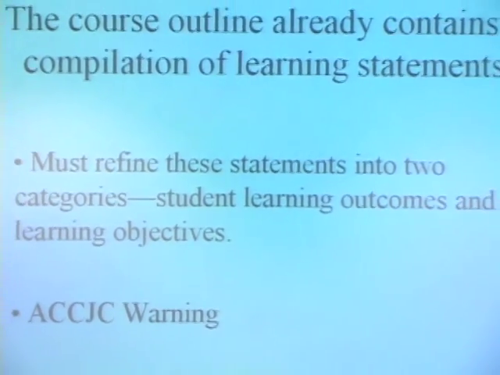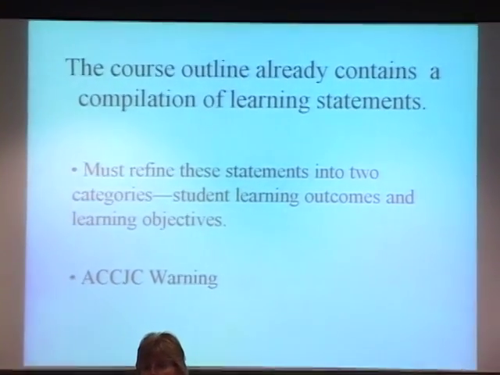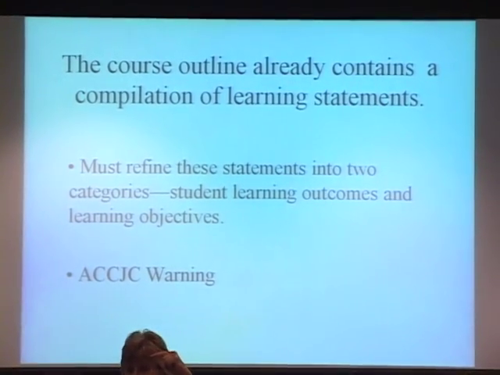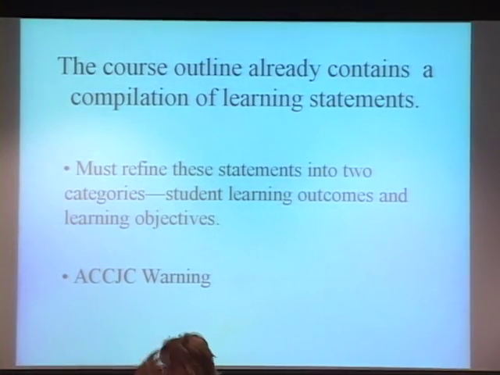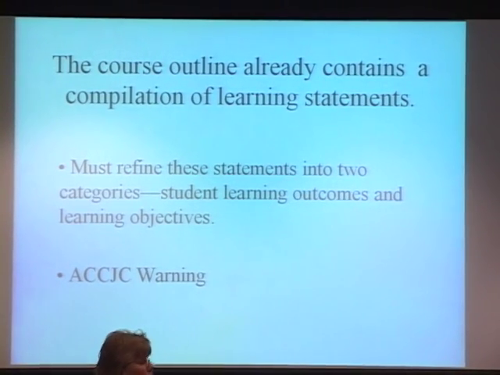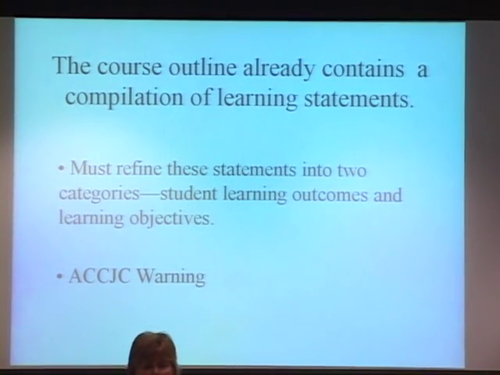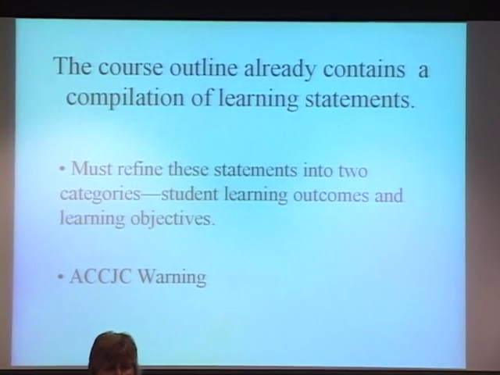Okay, first thing, when you go to the course outline page and you go to the outcomes page, you will see what we've had is one big box, and we have just listed all of our statements, whether they're outcomes or objectives. Everything has been thrown into one pile. Now we're going to have to separate it into 2 boxes, learning outcomes and objectives.